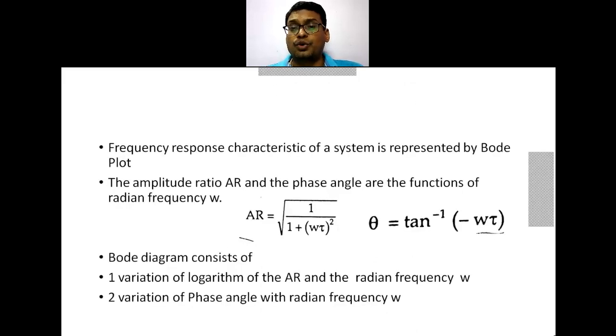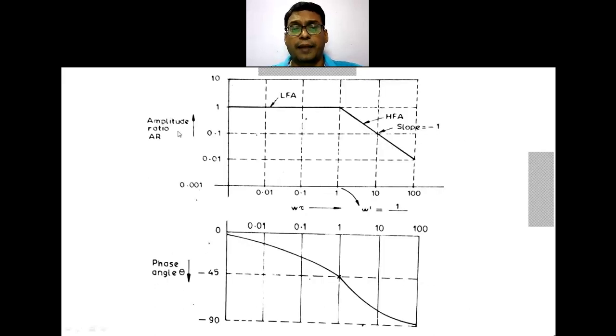So we plot amplitude ratio against omega tau, with amplitude ratio on the y-axis and omega tau on the x-axis. How the numbering is done in the case of log graph paper is very essential.